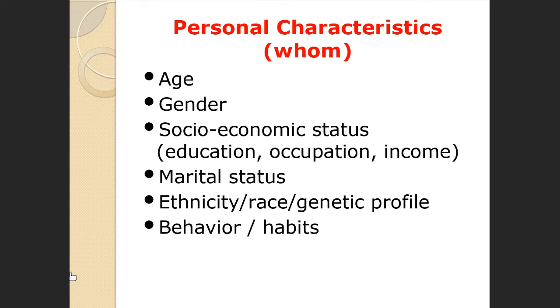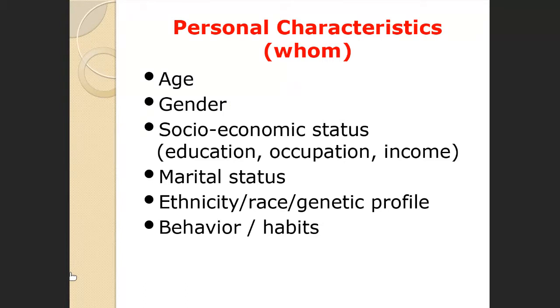There are many published papers showing that people who are married may live longer. All of these are personal characteristics, and we look at whether the disease is common in each item.